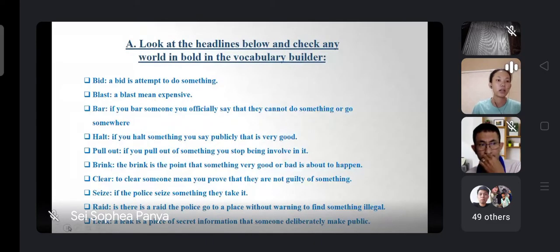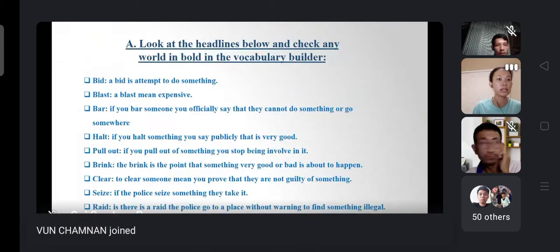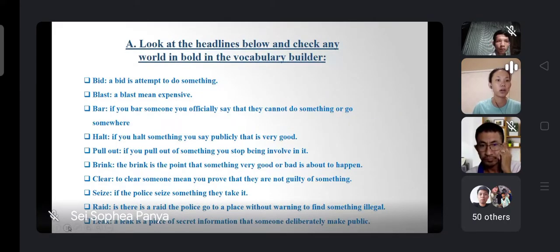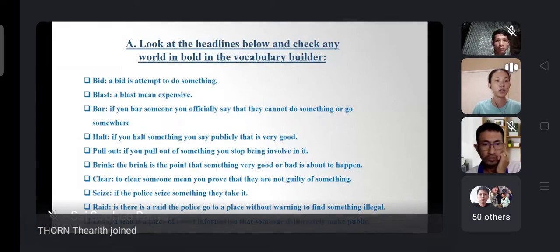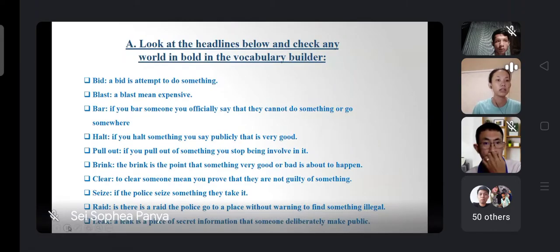And here are the definitions. A bid is an attempt to do something. A ban means that if you ban someone, you officially say that they cannot do something or go somewhere. Hail, if you hail something, you say publicly that it is very good.